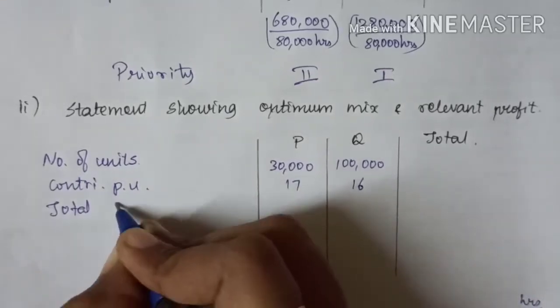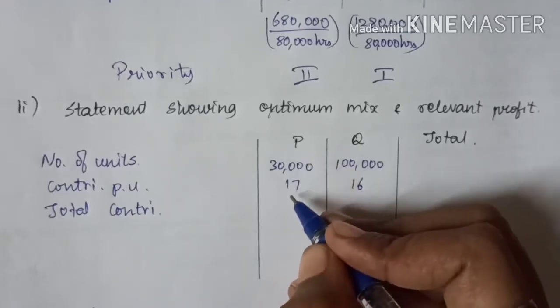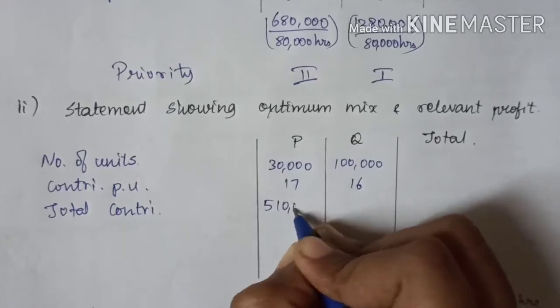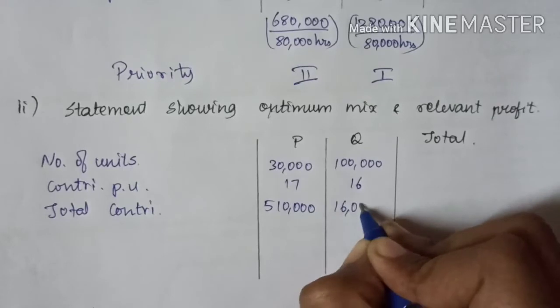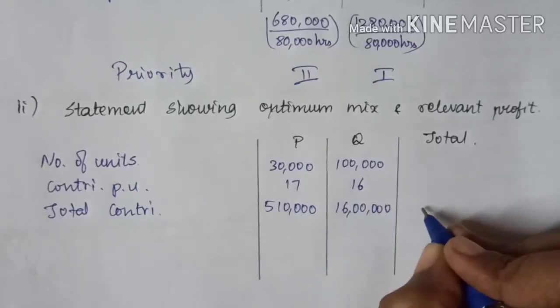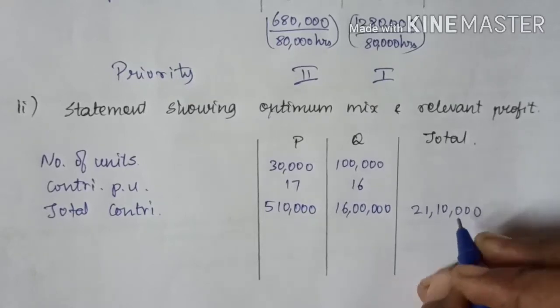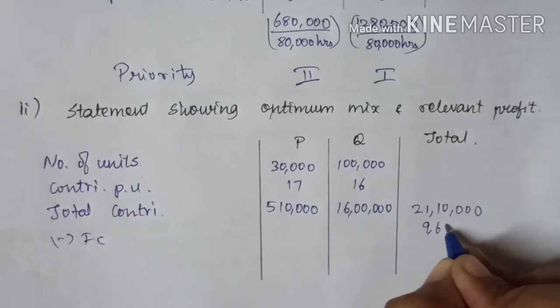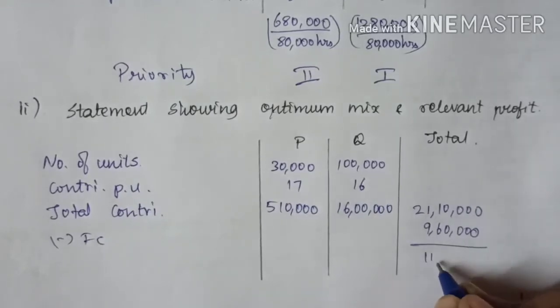Then total contribution. You multiply number of units with contribution per unit. 5 lakhs 10,000. 1 lakh into 16 is 16 lakhs. Total contribution is 21 lakh 10,000. Then fixed cost 9 lakh 60,000, and you subtract, 11 lakh 50,000 is the profit.